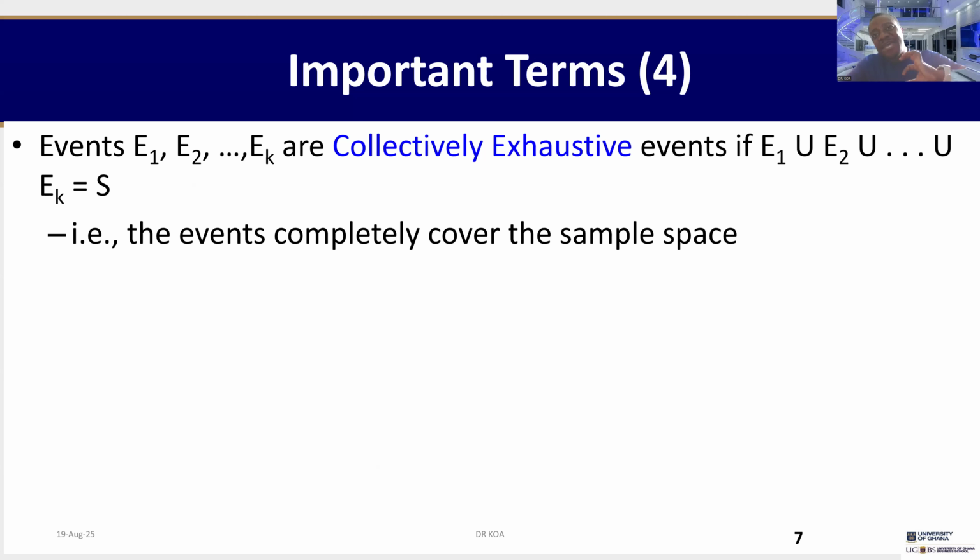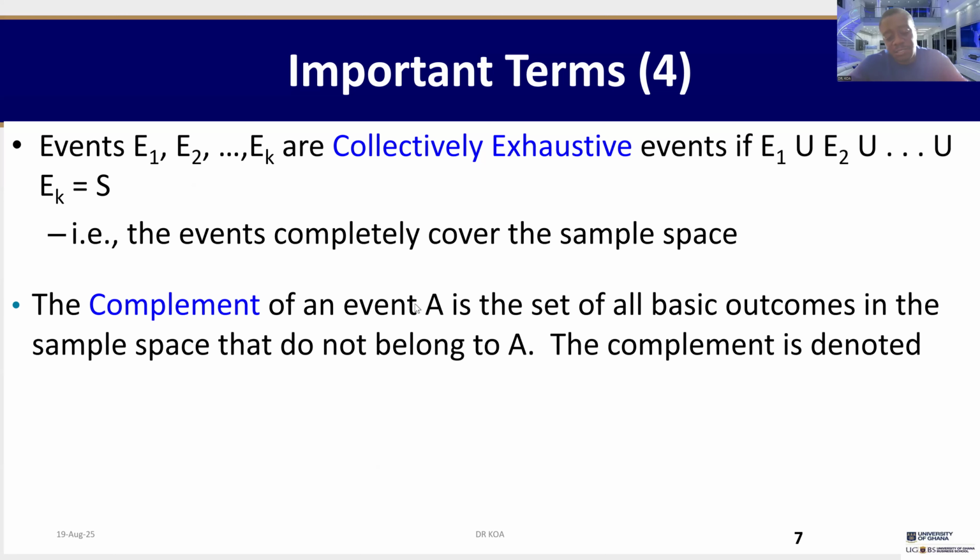If anything is not in the circle, the collectively exhaustive will only include a circle. In other words, A union B will be equal to the collectively exhaustive set, provided there is no event outside of the A union B. And if you don't understand, please ask.